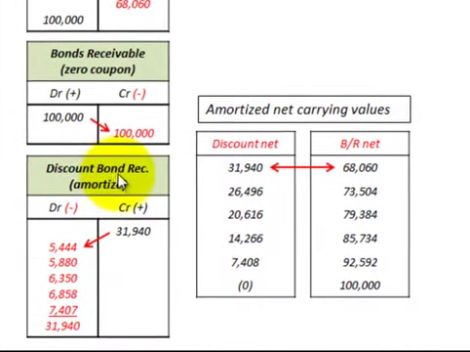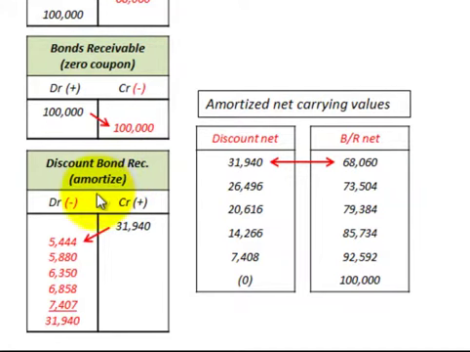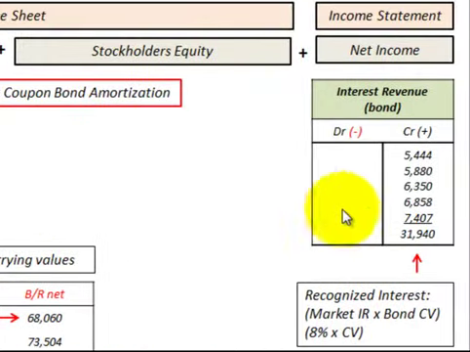This discount on the bonds receivable, we amortize down to a 0 balance at the end of the 5th year. Now the discount amounts are based on the carrying value of the bond at the beginning of the year times the market rate of interest for that bond. So these debit amounts would be recognized as interest revenue, or credits to interest revenue, by that interest that we recognize on that bond each year.